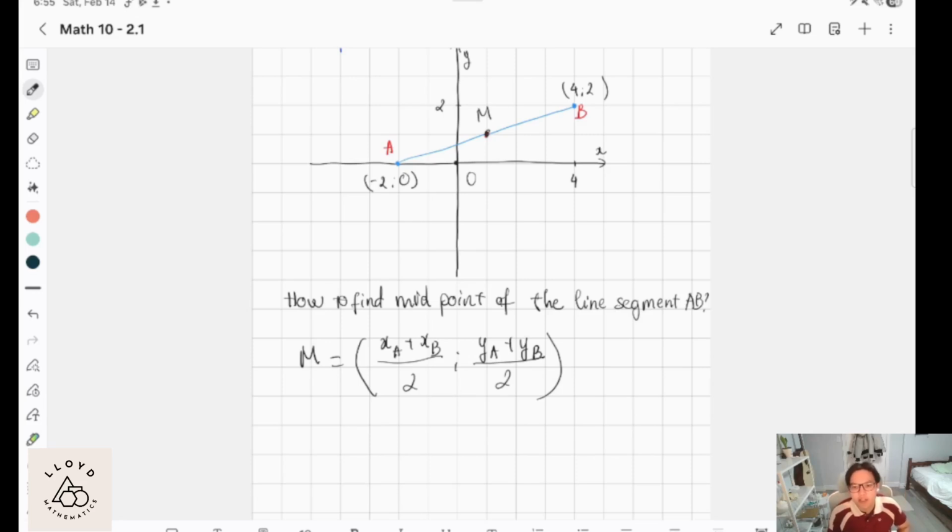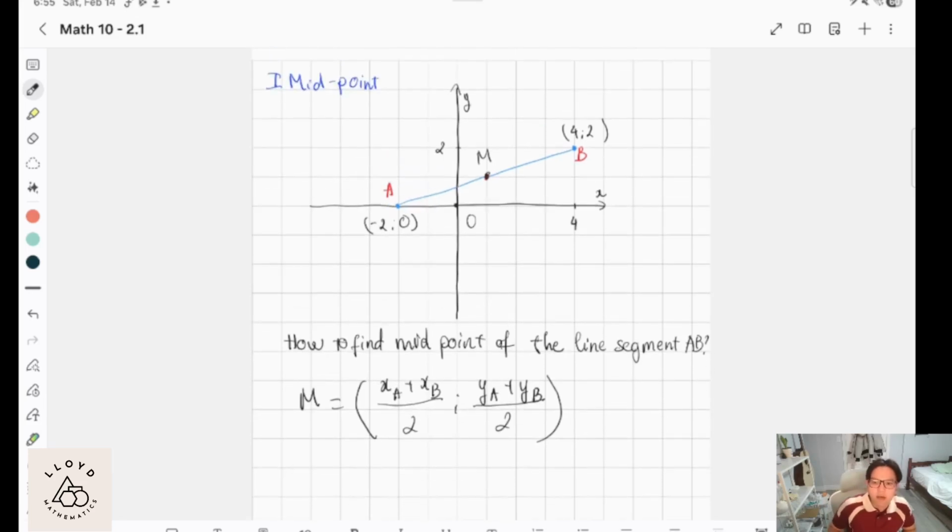The simple way to remember this is that it is the average between the coordinates of the 2 points. So that will give us the coordinates of the midpoint of the line segment. Just remember XA plus XB divided by 2 and YA plus YB divided by 2. Take the average of that.